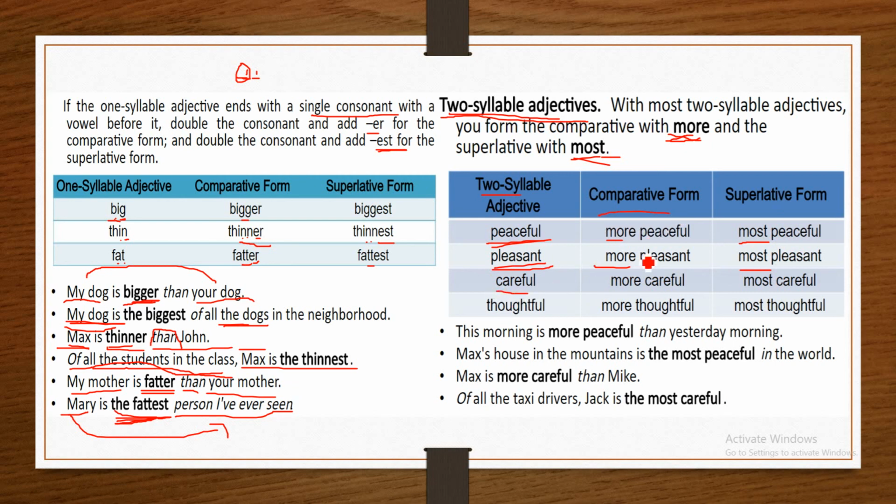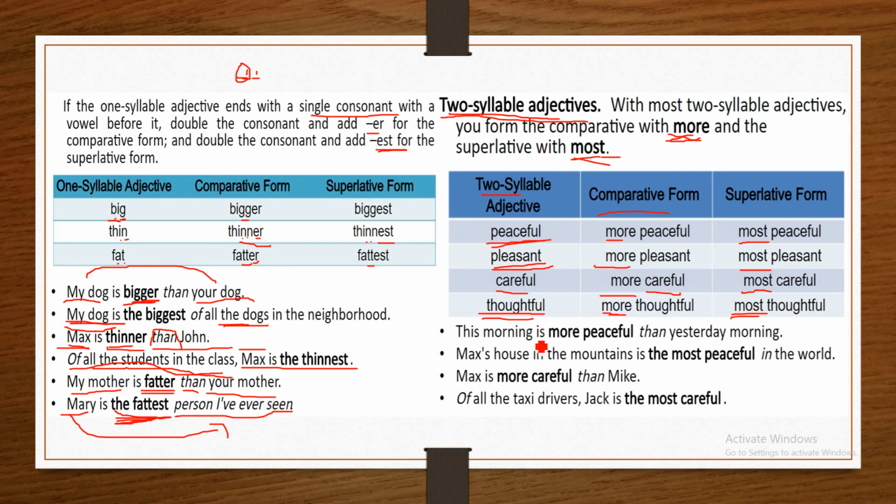For the comparative form, we say more careful. For the superlative form, we say most careful. Thoughtful. For the comparative form, we add more: more thoughtful. For the superlative form, we add most: most thoughtful. Examples.